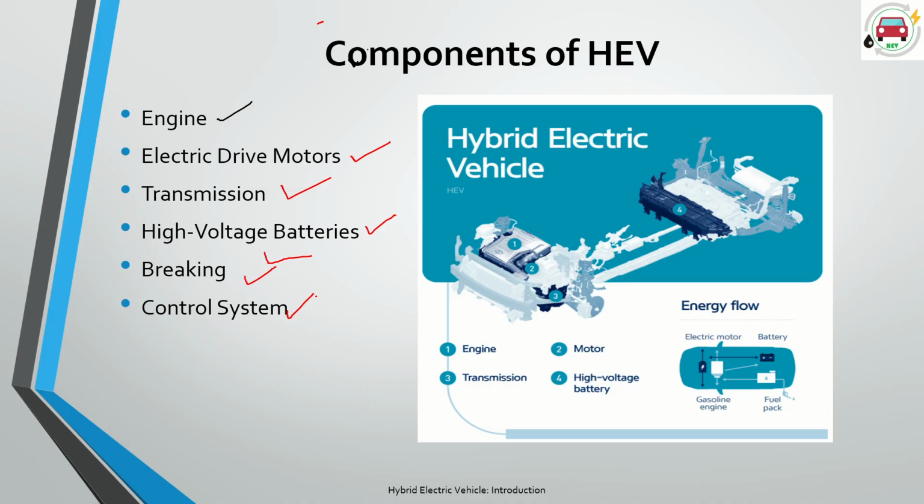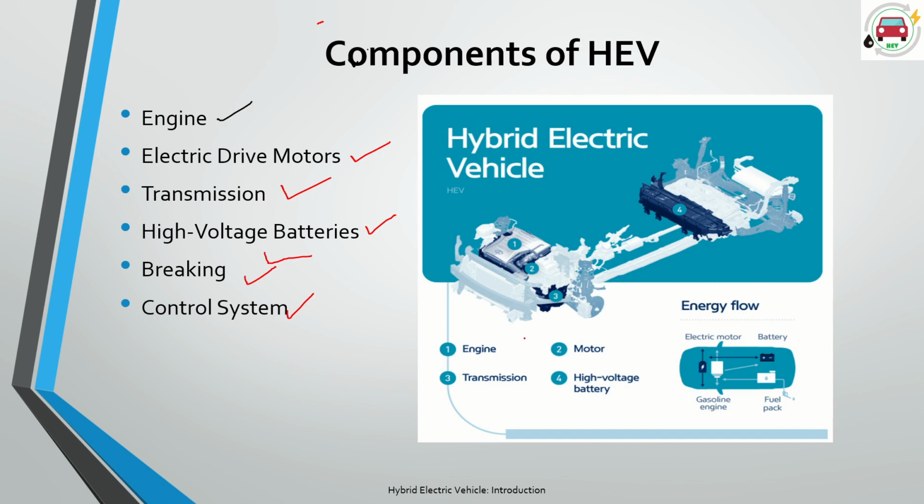The control system is required to decide the power source, decide how to control the APU, and how to control the electric motor. So everything is decided by the control system, right? So these are the engine, electric drivetrain or electric drive motors, transmissions, high voltage batteries, braking system, and control system. These are all the main components.